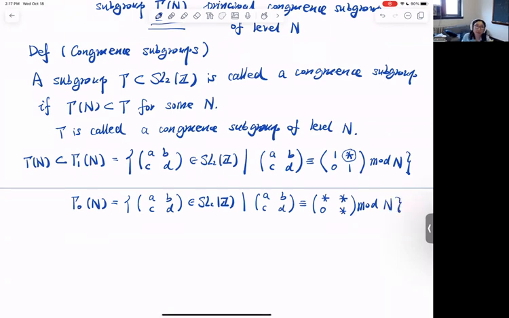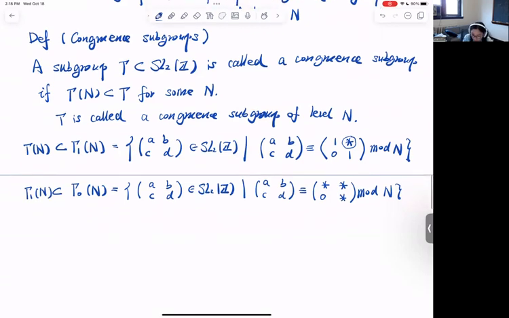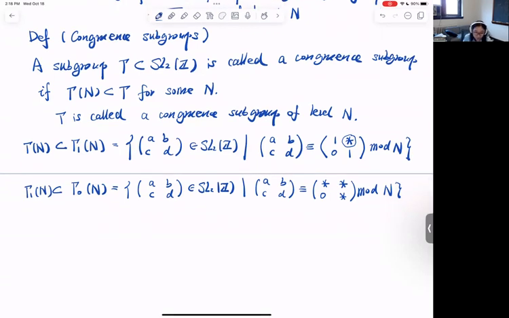So all I'm asking is that the element C is congruent to 0 mod n. Then it's less restrictive, so gamma 1 of n clearly is inside gamma 0. These are two families of very important congruence subgroups.